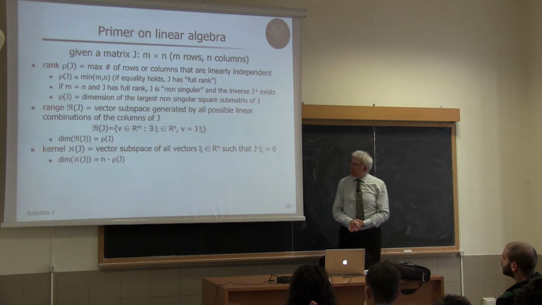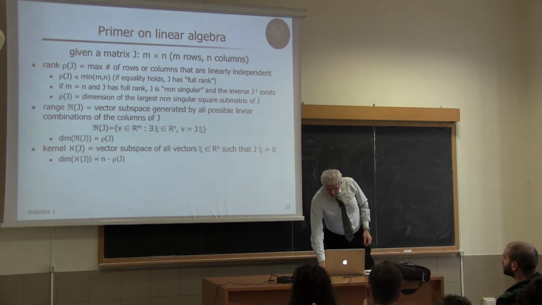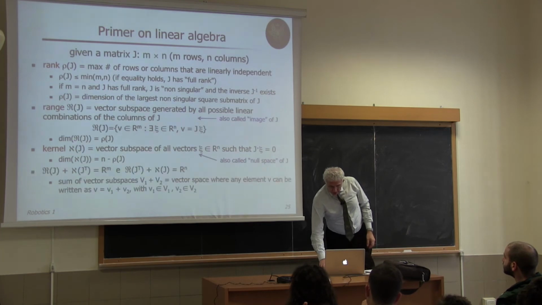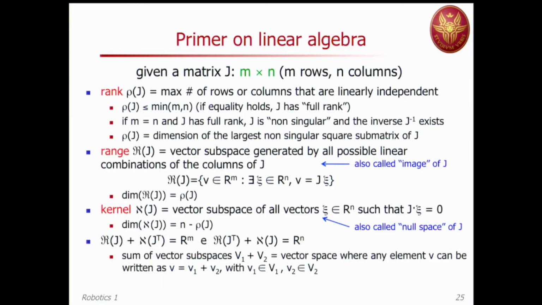Okay? And then you have other properties between these subspaces. Pay attention, these are subspaces, so if you combine two vectors in the null space, you obtain a new vector in the null space.